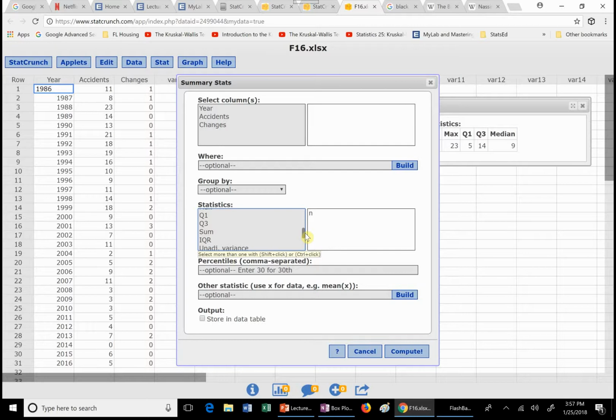You can hold down the control key and select them. Actually, you don't want to do N at all. This is just a default. I didn't really need for you guys to do what's on here because I've already done it. So you hit Q1, Q3, min, max, median. Those are the 5 we want. Okay.